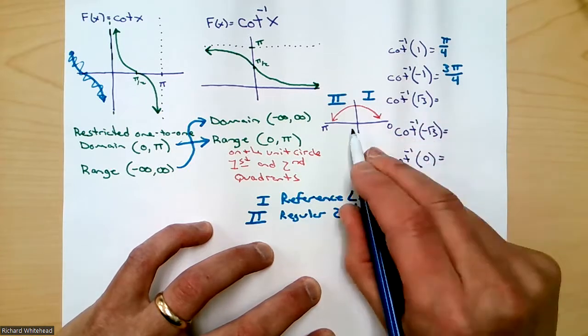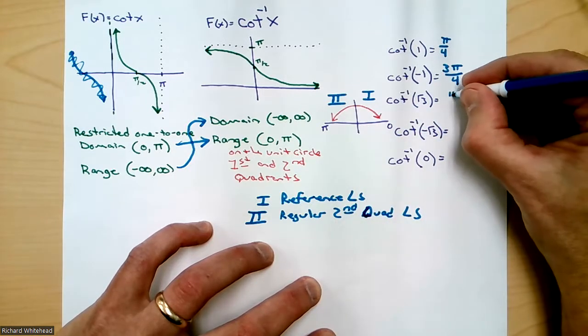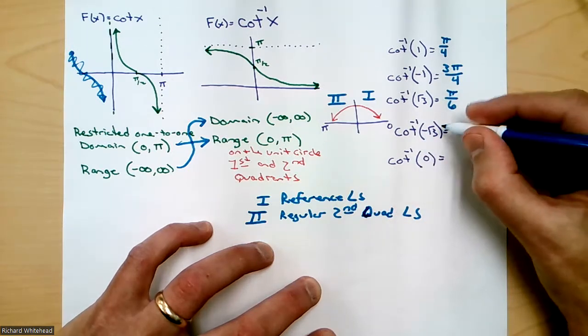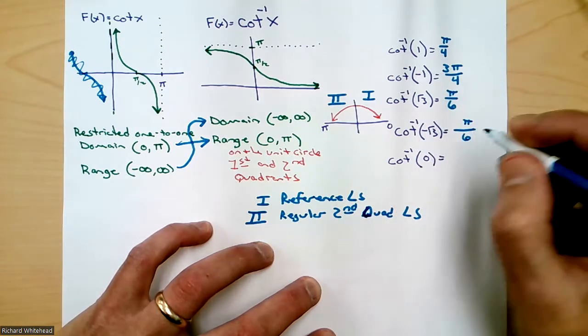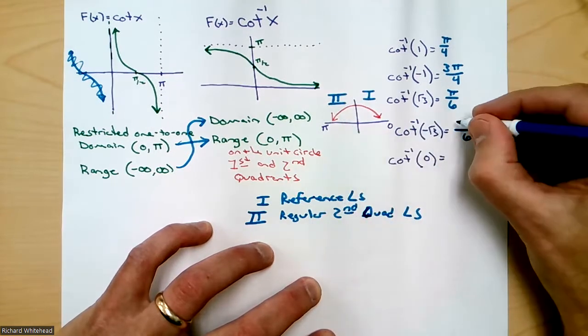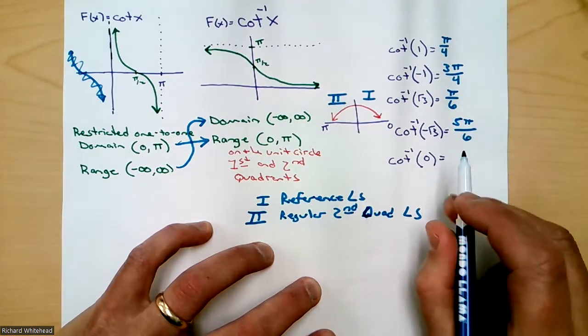When does cotan get the √3? Oh, well, that's at the pi over 6s. When does cotan get negative √3? Well, √3 we know is a pi over 6, but it's negative, so that puts it in the second quadrant, so 5 pi over 6.